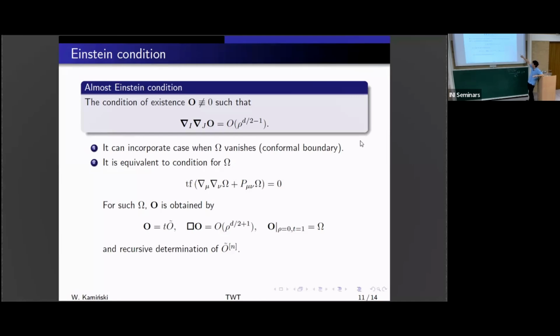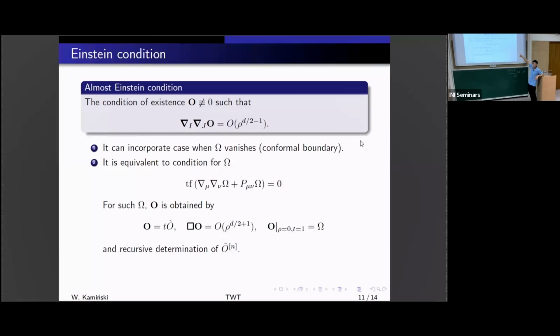Okay. So of course the point is that if O is 0, so omega vanishes, then this condition is still okay. It's describing the boundary of our physical space, but nothing is wrong with this condition. It does not fill this boundary, and it's equivalent.